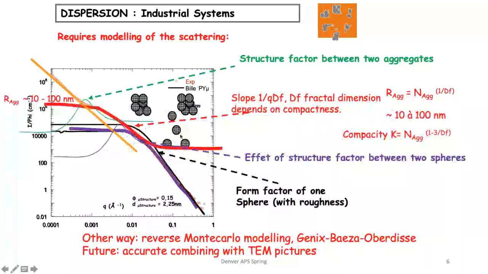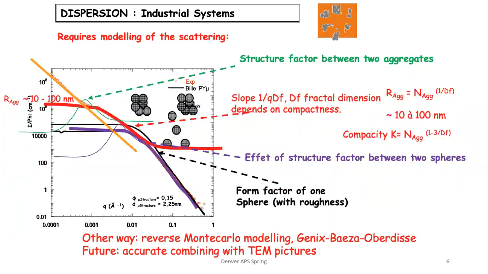Then combining this with the form factor of an aggregate with a given fractal dimension, and finally reintroducing some interactions between two different aggregates, so that we are left with this curve. And we have only now to add another contribution, which is observed at very low Q and which comes from very big clusters, which we assume not to be so important in the properties of the system, while it's not completely proven.